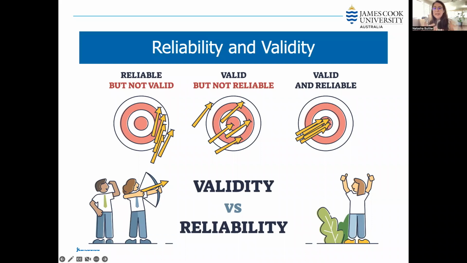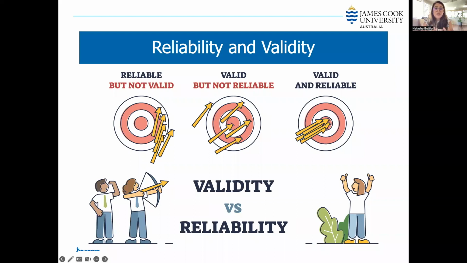So if we can repeat it over and over again, that means that we can expect that the research is reliable. And that's important because we want to make sure our research is reliable. And we also need to ensure that it has validity as well. And that means that it is measuring what it's supposed to measure and not something else.